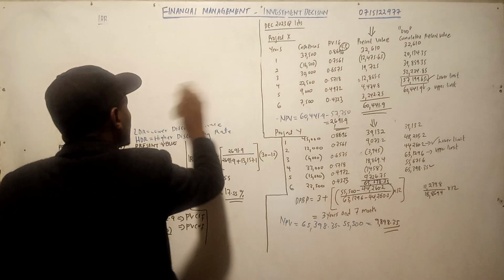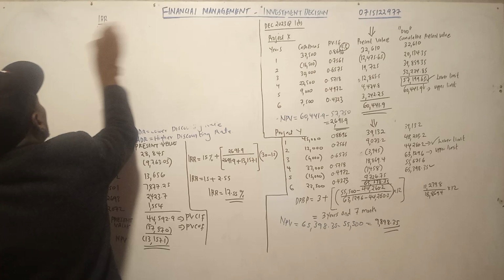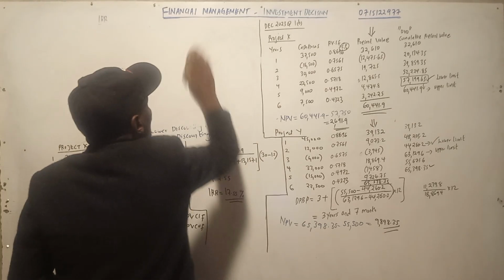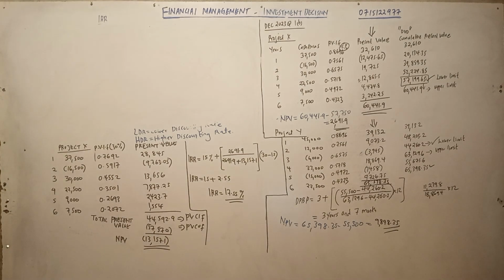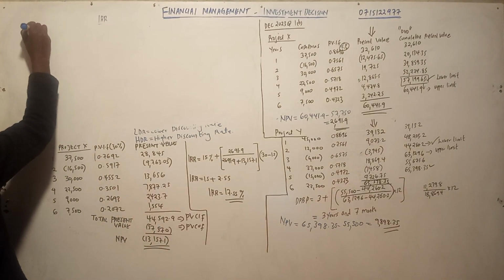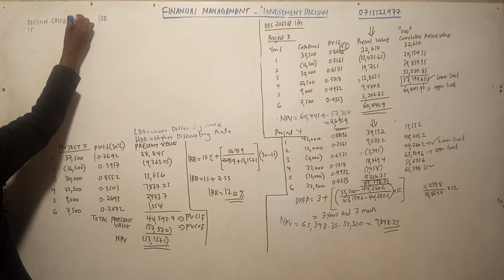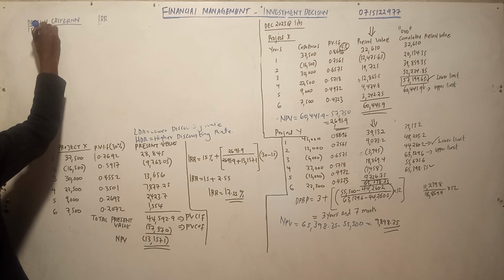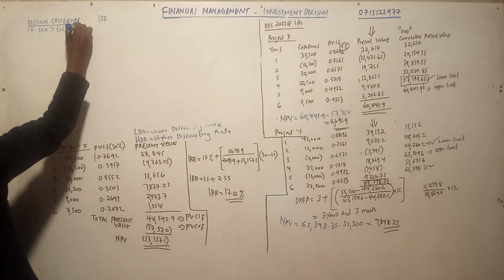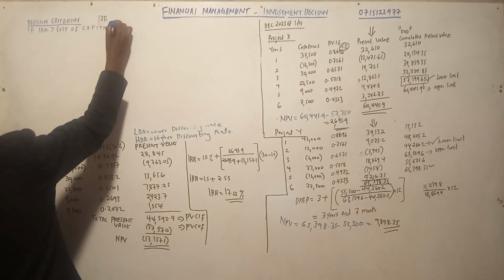So decision criterion. We are going to say that if IRR is greater than the cost of capital, we accept.